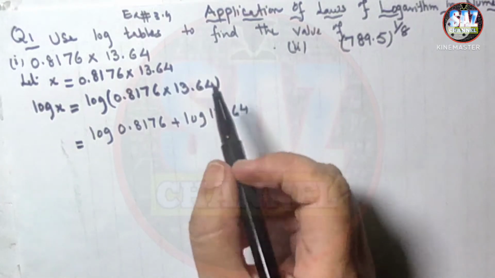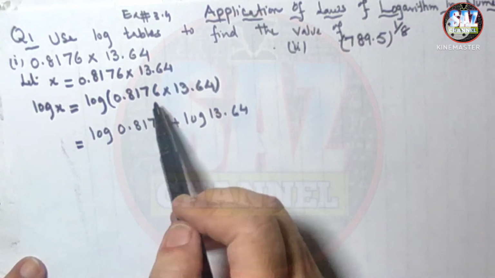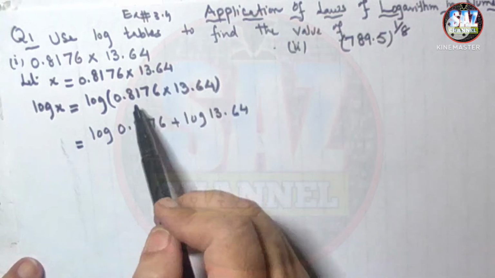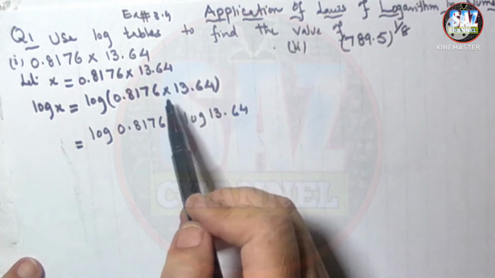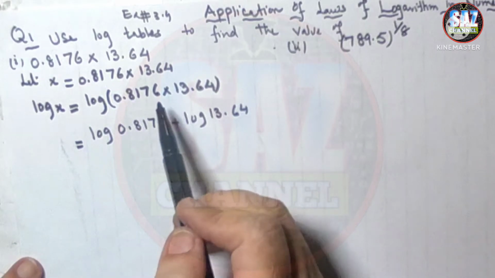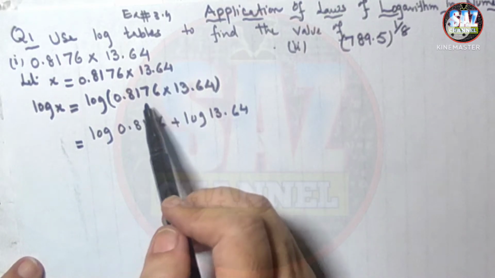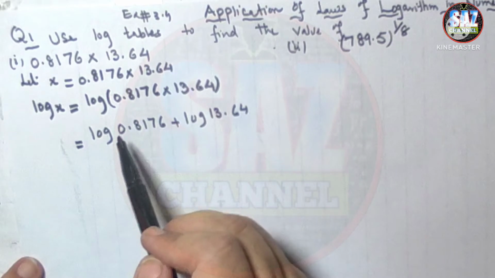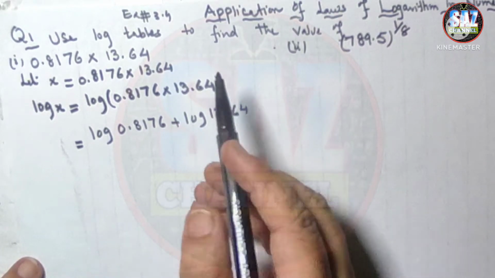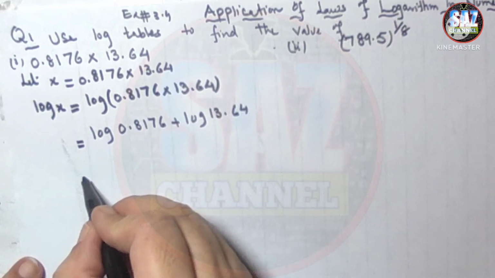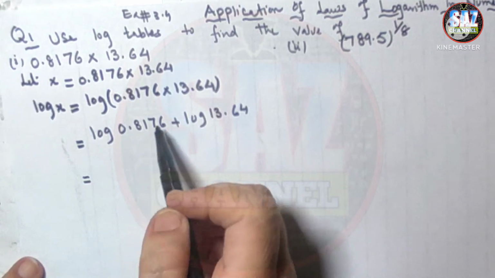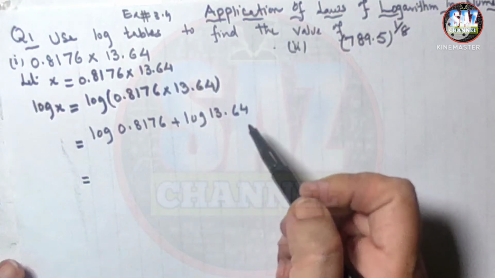I hope you are clear that as these two numbers are multiplied together, the law of logs for the product of two numbers says the log of the first number plus the log of the second number. Now it's time to locate the log of 0.8176 and log 13.64.